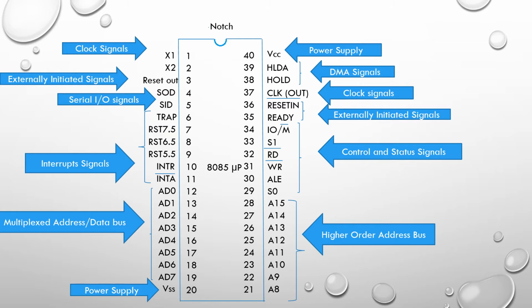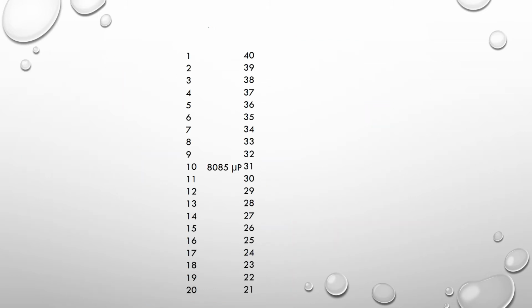From this, students, some of the concepts, that is the multiplexed address and data bus, interrupts, higher order address bus, we have discussed in our previous class. Now let us discuss each and every function of these categories.